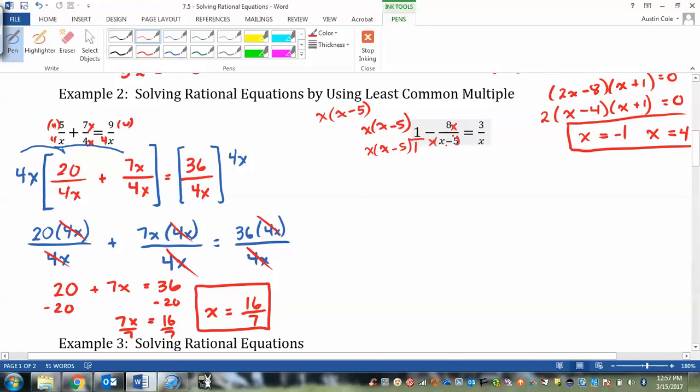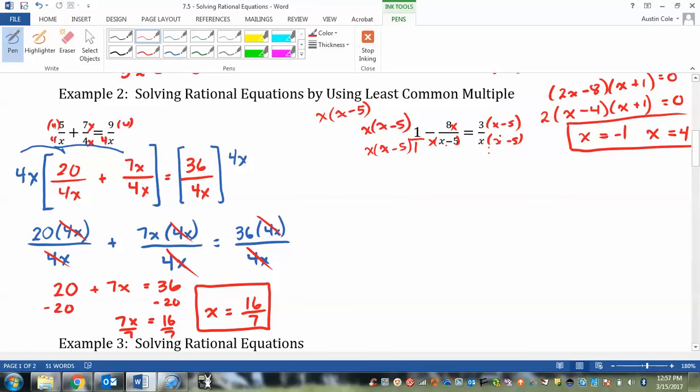Alyssa, what do I need to multiply this third one by? Great, x minus 5. I personally think the hardest thing about this is staying organized from this step to the next one.